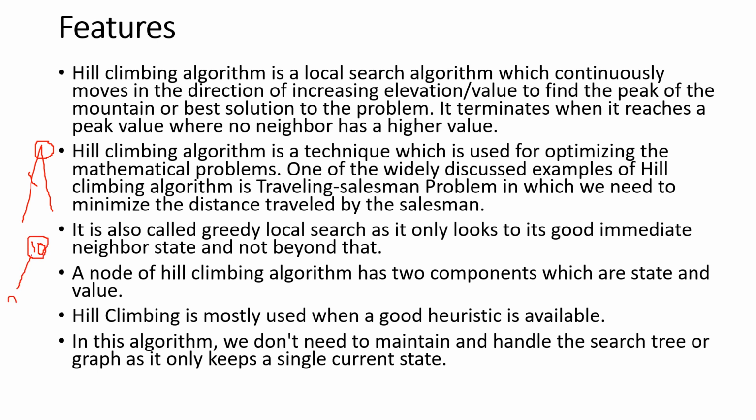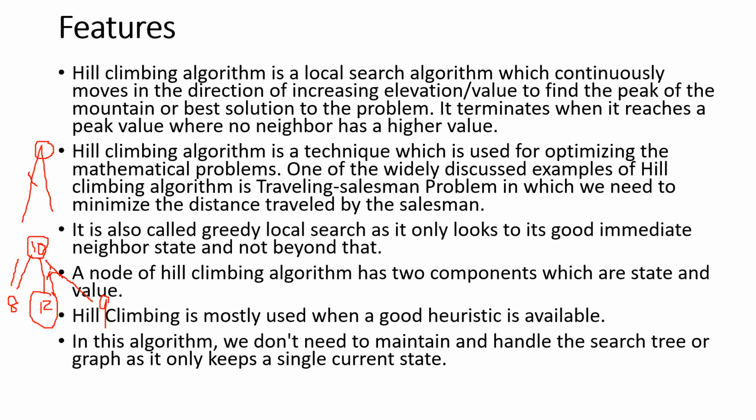The first is 8, the next is 12, and then 9. First, it will check 8, so the cost is lowering. Next, you can see it is 12, so it is increasing, so it will select this node 12. So it will move immediately to 12.